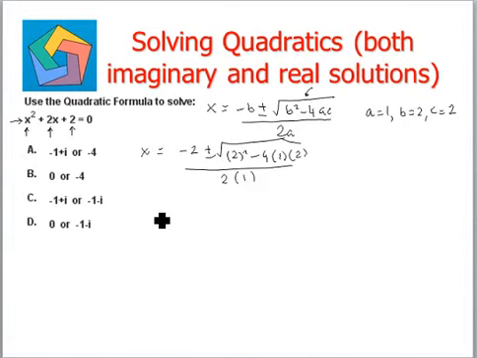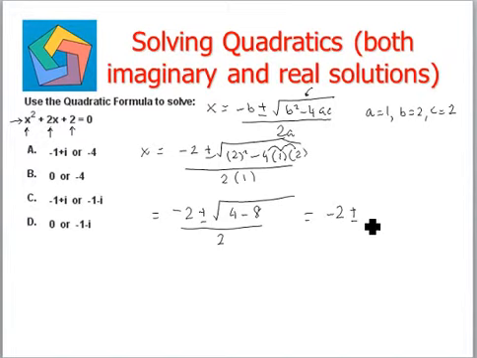So this equals negative 2 plus and minus the square root of 2 squared is 4 minus 4 times 1 is 4, 4 times 2 is 8, divided by 2 times 1 is 2. So this equals negative 2 plus minus the square root of 4 minus 8, which is negative 4, divided by 2.